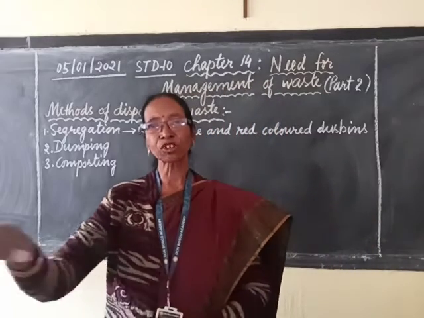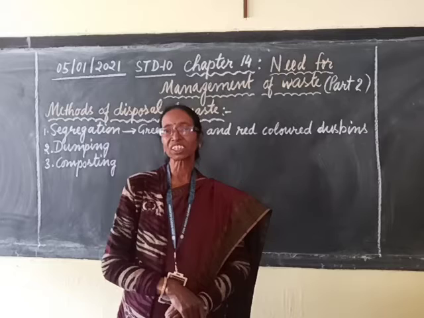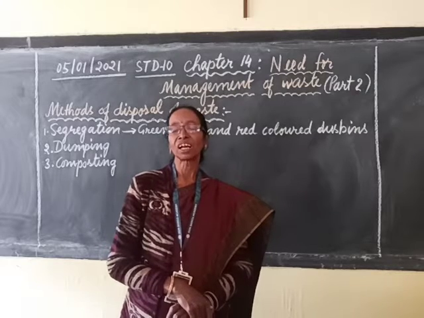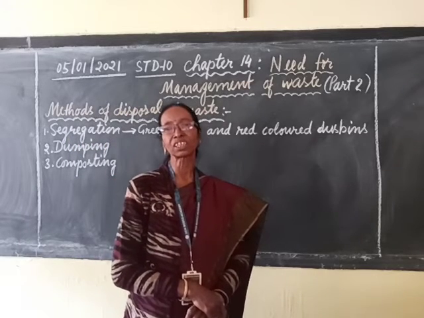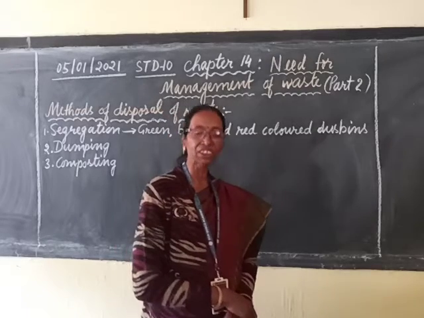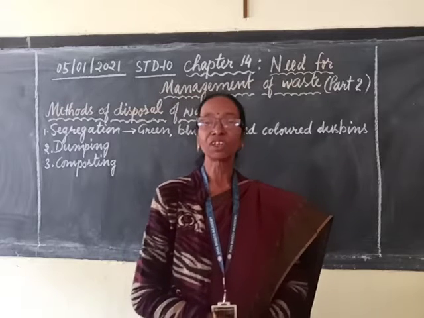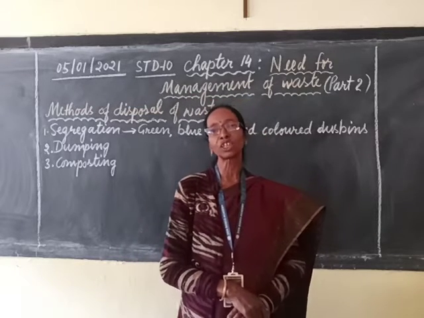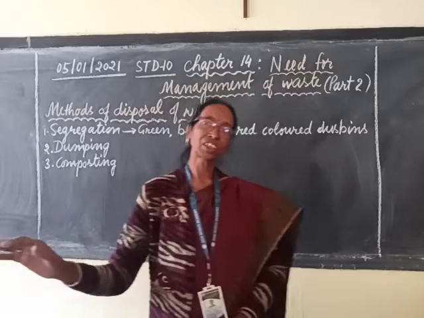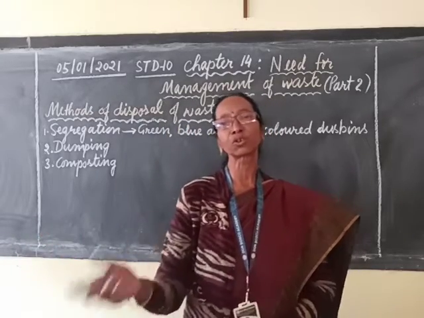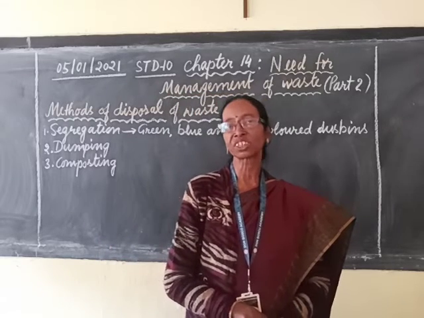And if dumping is done at a proper place, all biodegradable waste material which comes from the kitchen or domestic areas, from the vegetable markets, also from agricultural areas, or leaves of the plants or grasses, should be dumped at one place and covered with soil so that it will not spread any air pollution.